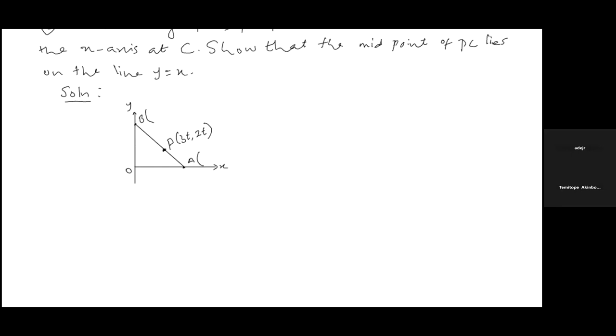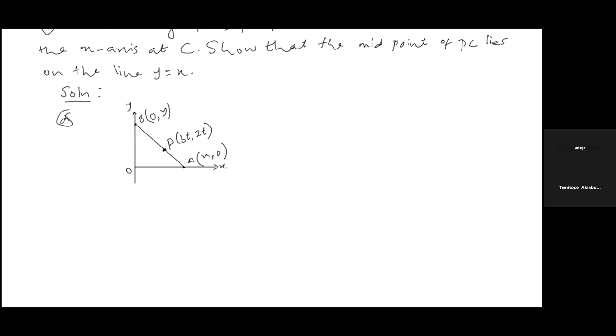So 0, y. We don't know the y coordinate of B. And for point A, where it is intersecting the x-axis, you already know the y value, which is 0, and you don't know the x coordinate. So I can say this is x, 0, because the y value is 0 at that point. So I already know what I want now. I can move on.